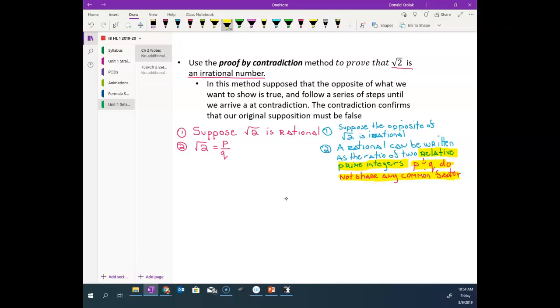All right. Okay, so the next step, square both sides.